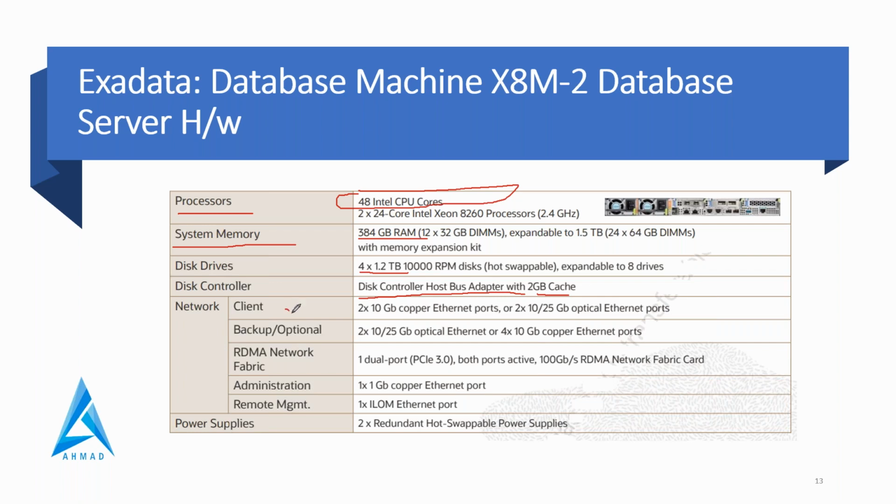And in network, we have client, backup, RDMA network, administration, and remote management. So these parts consist in the network. Every section has specifications, and power supply: it has 2 redundant hot-swappable power supply options in that Exadata X8M machine.